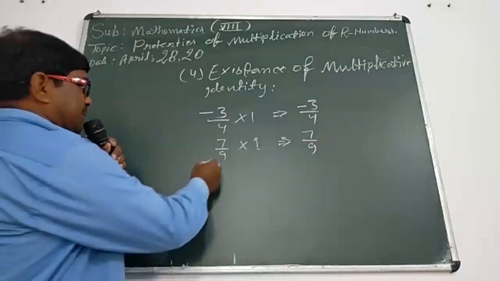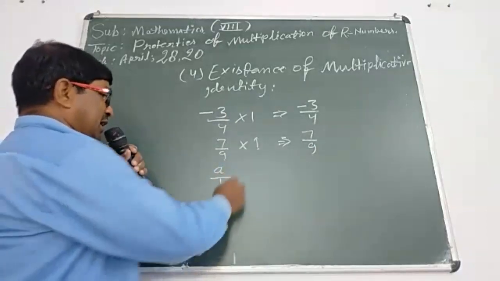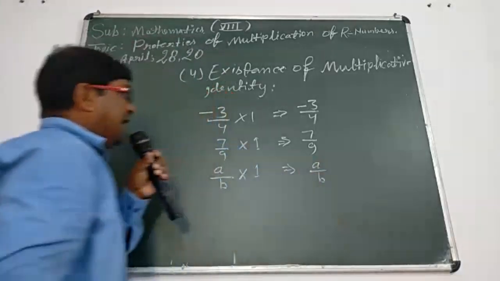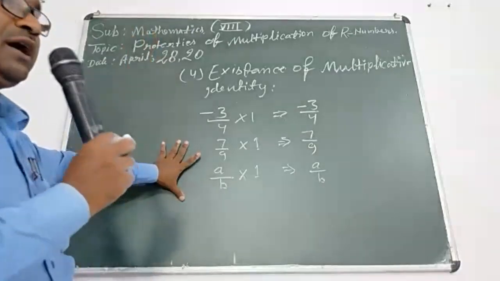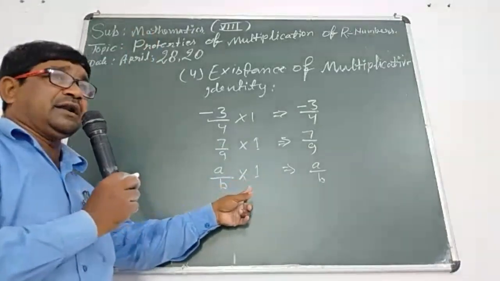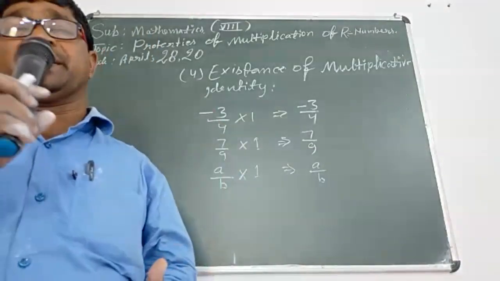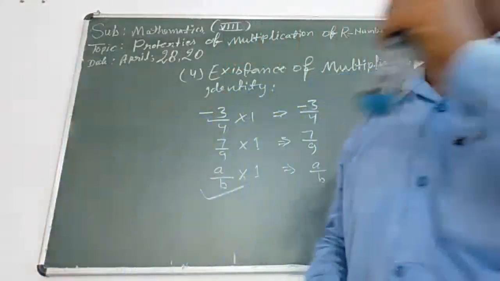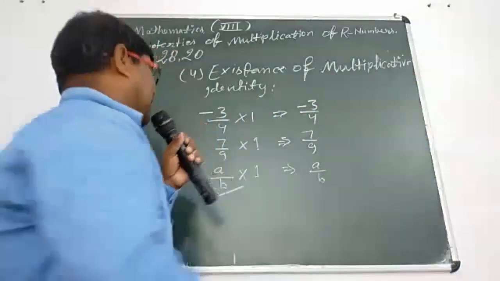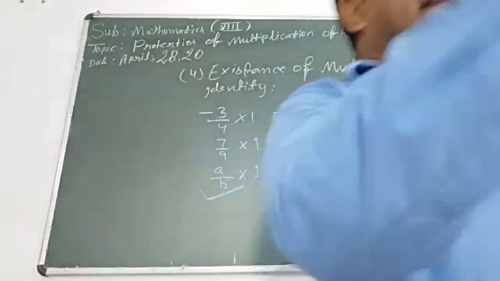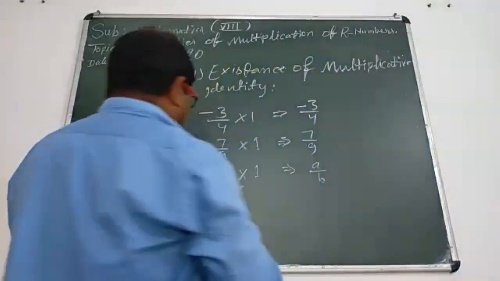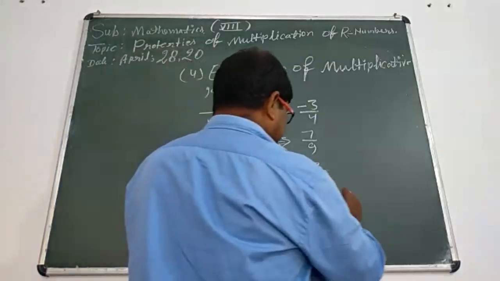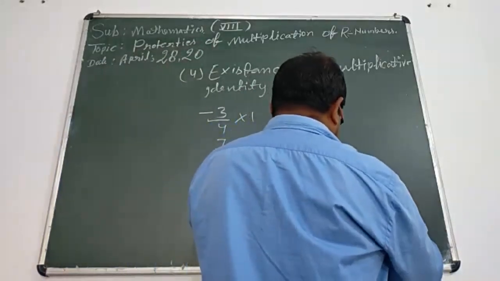What is its meaning? Suppose that I have a rational A upon B. If I multiply it by 1, then we will get the product A upon B. So for any rational number, after multiplying it by 1, we will get the same rational number.